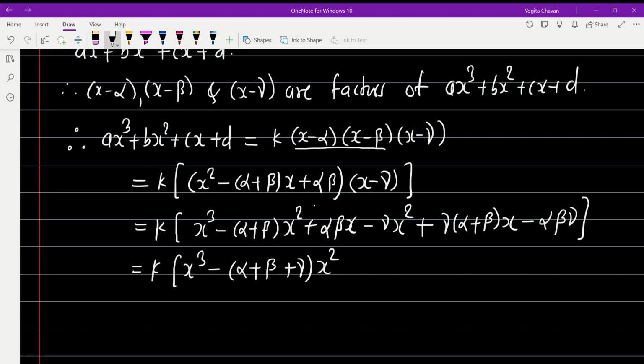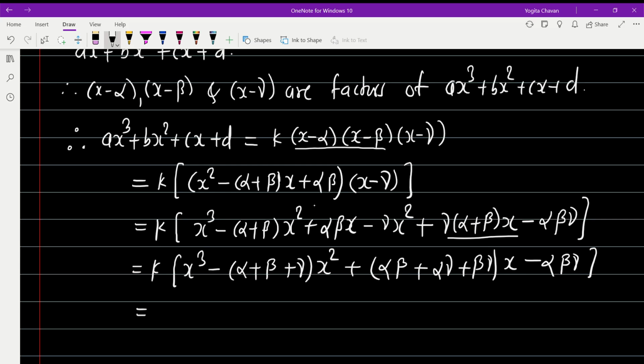Coefficient of x is alpha beta plus alpha gamma plus beta gamma, and the constant term is minus alpha beta gamma.